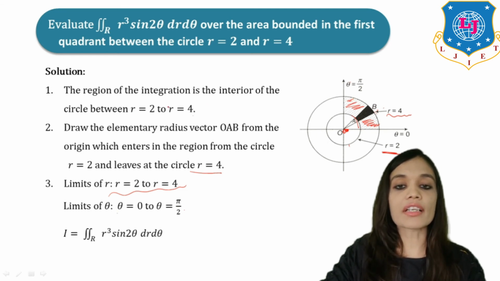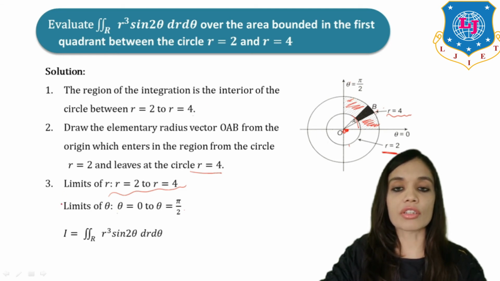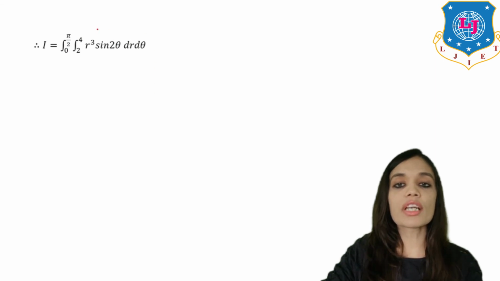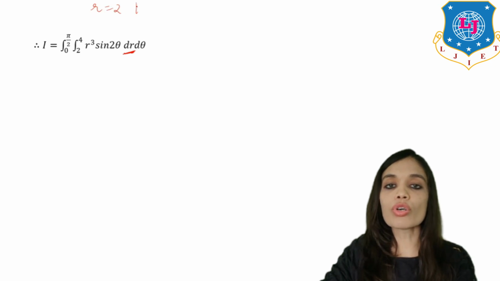Okay. So now let us evaluate our integration. So we will name it as I. So I equals the double integral of r cube sine 2 theta dr d theta. Okay. So now let us put the limits. Firstly, we will put the limit of r, which was what? r equals 2 to r equals 4, right?